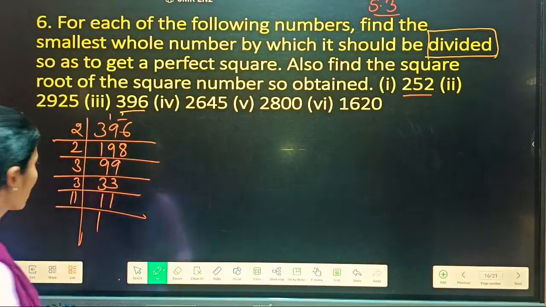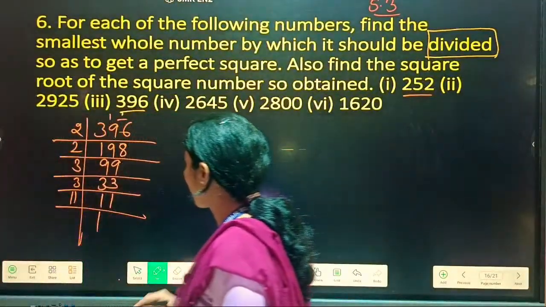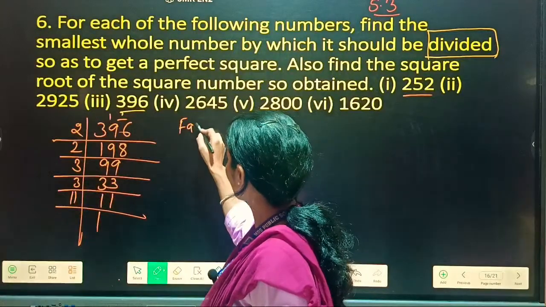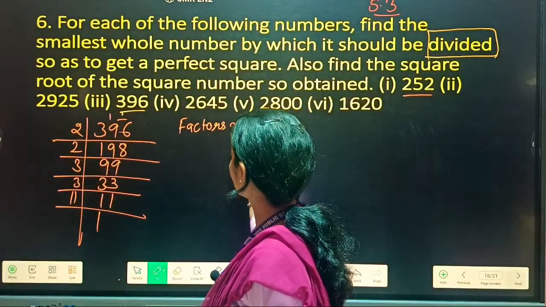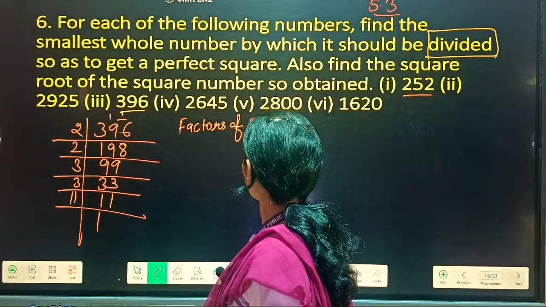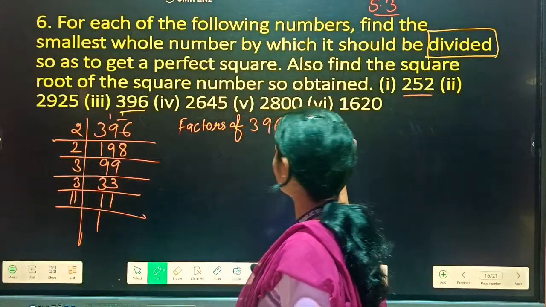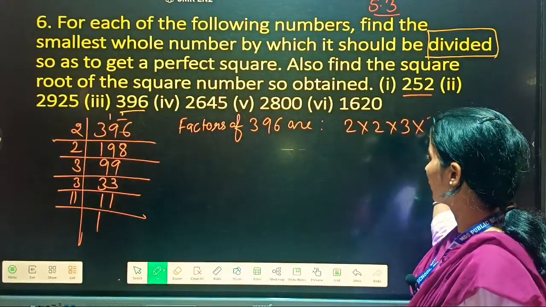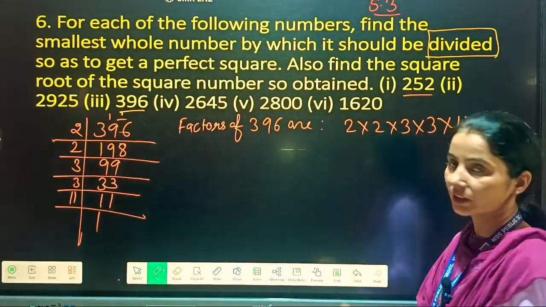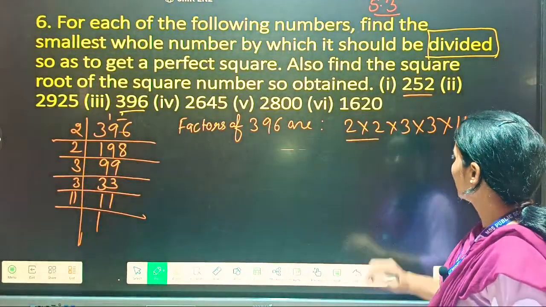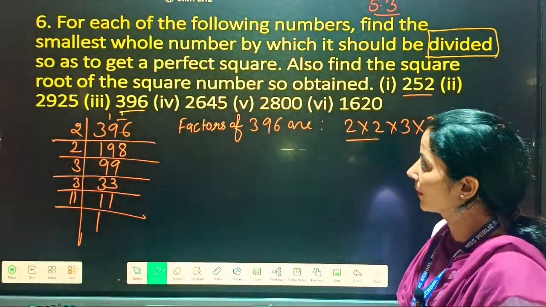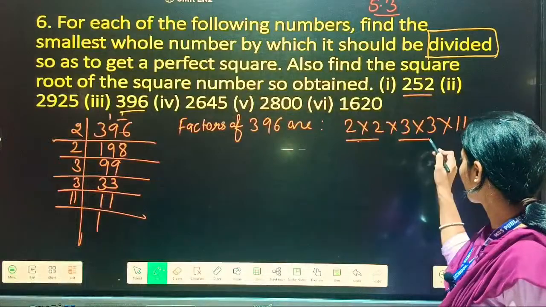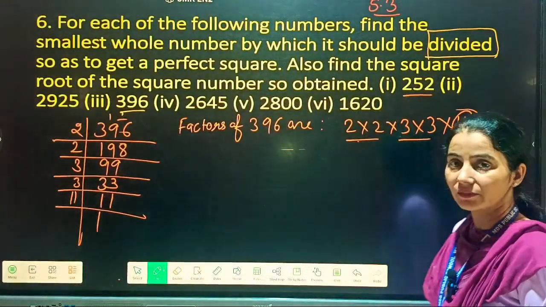Write the factors of this 396. Factors of 396 are 2 into 2 into 3 into 3 into 11. Further, you will check whether these factors occur in pair or not. This 2 is in pair, 3 is also in pair, but this 11 is left unpaired.